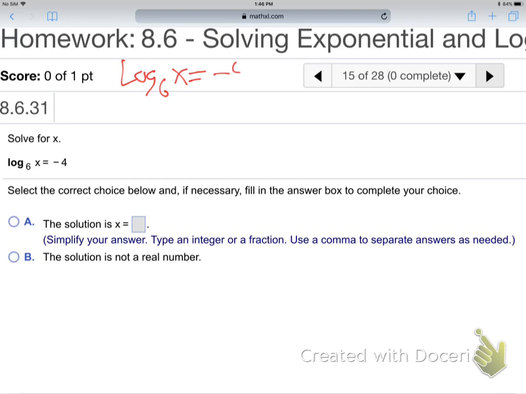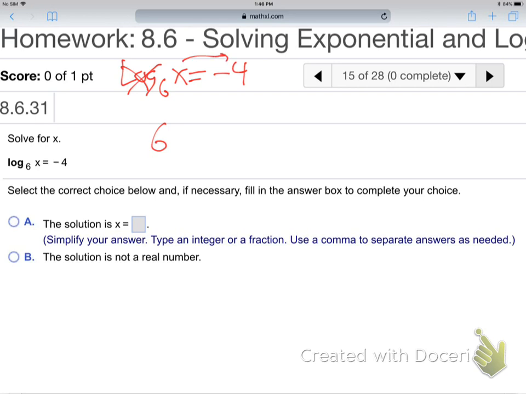Log base 6 of x equals -4. Same kind of thing, just lose that log. Cross off the log.